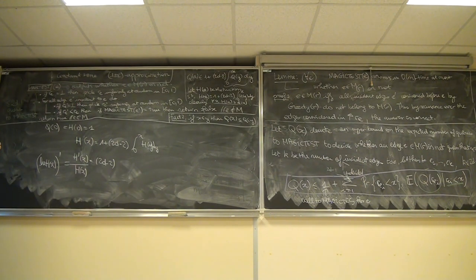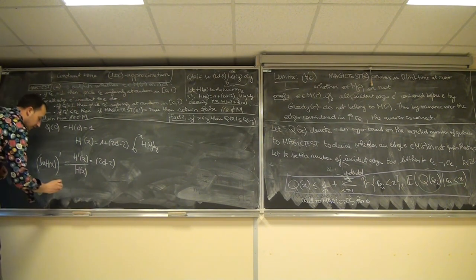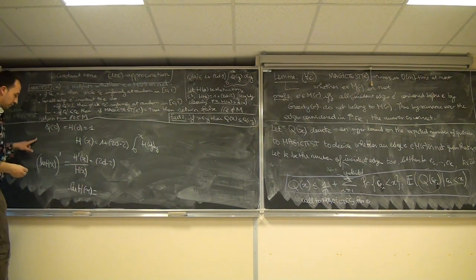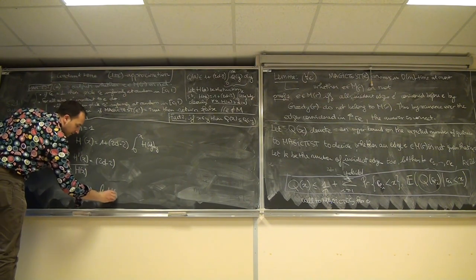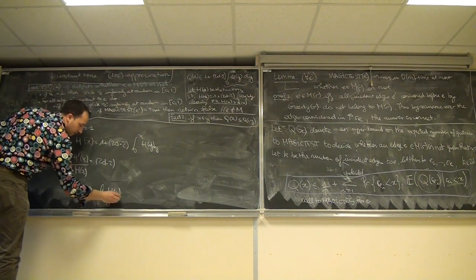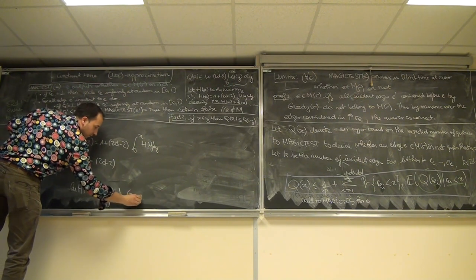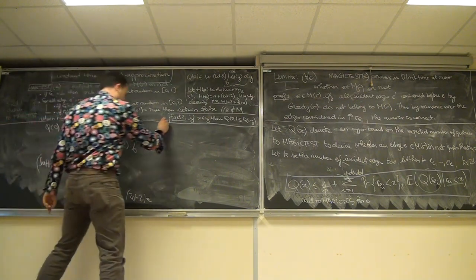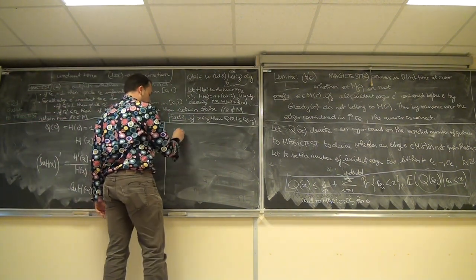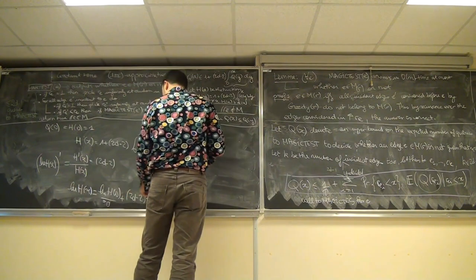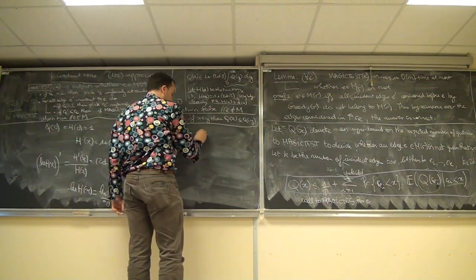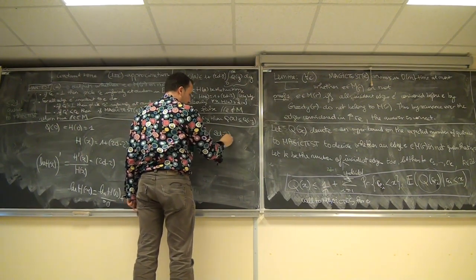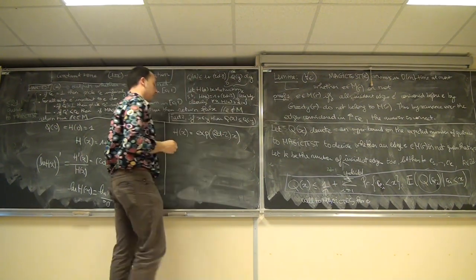That is to say that log of h of x is equal to log of h of 0, which is 0, plus (2d minus 2)x. So basically what you conclude is that h of x is exponential of (2d minus 2)x.